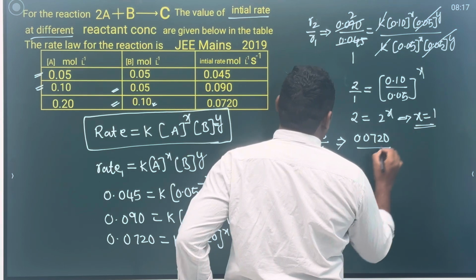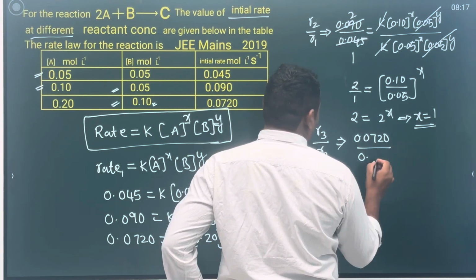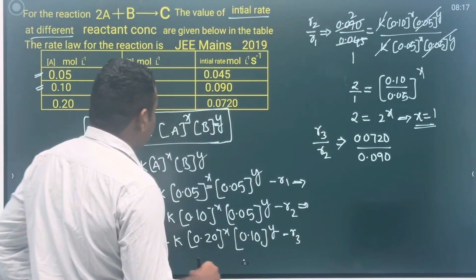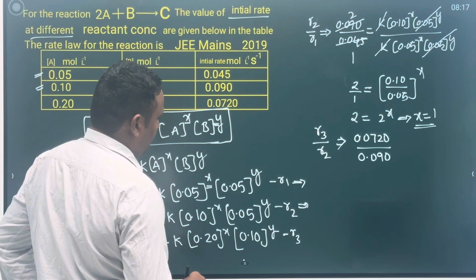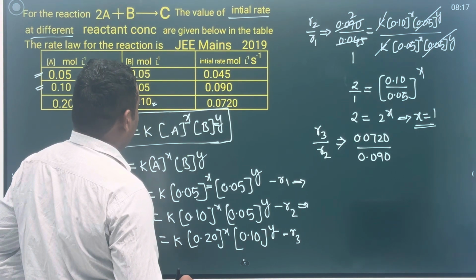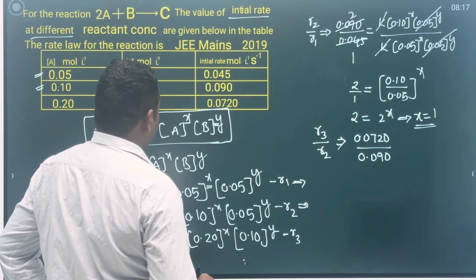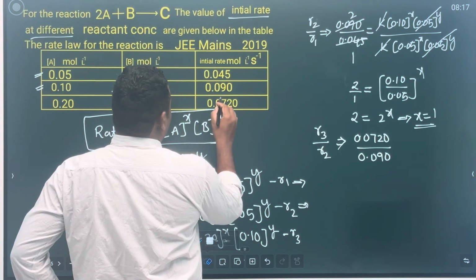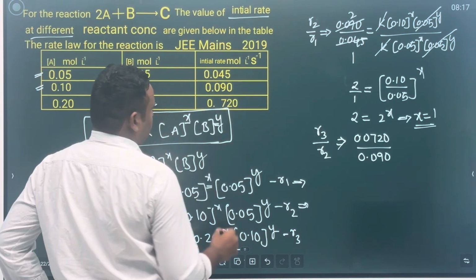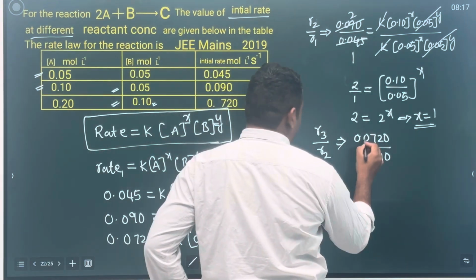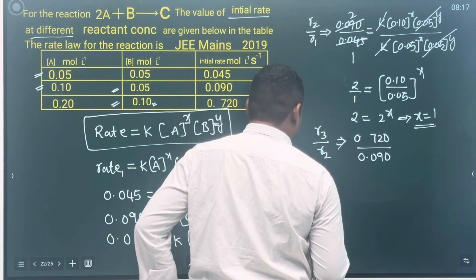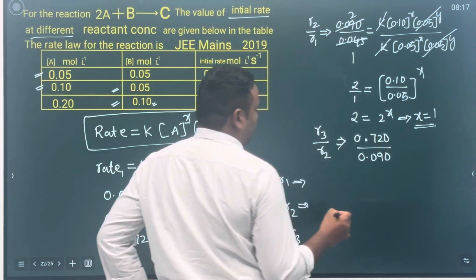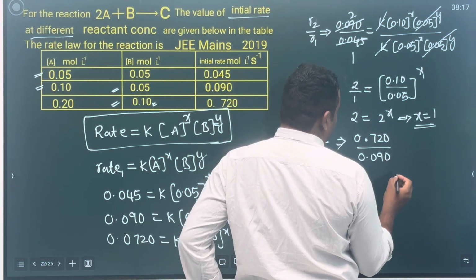R3 by R2 means here what you will get: 0.0720 by 0.090. It will be 0.720 by 0.90.